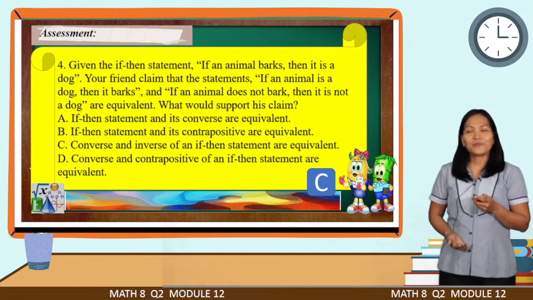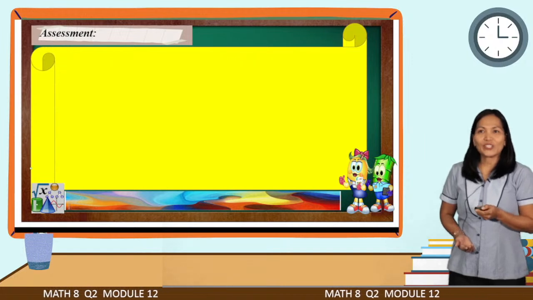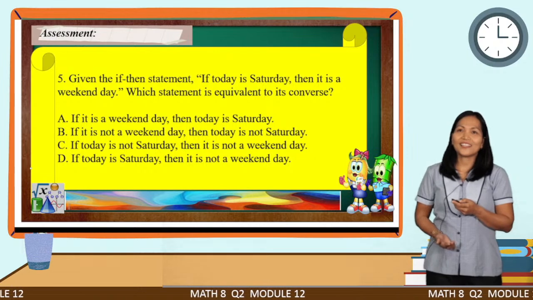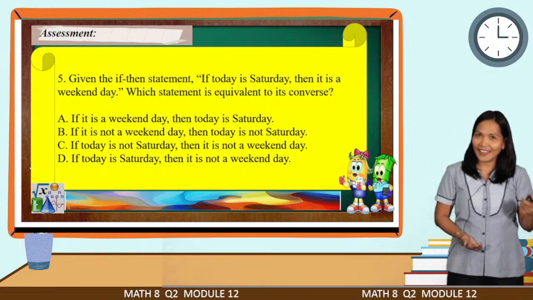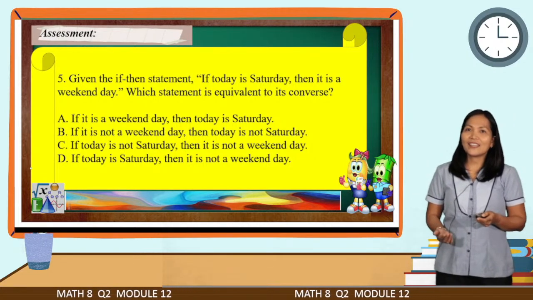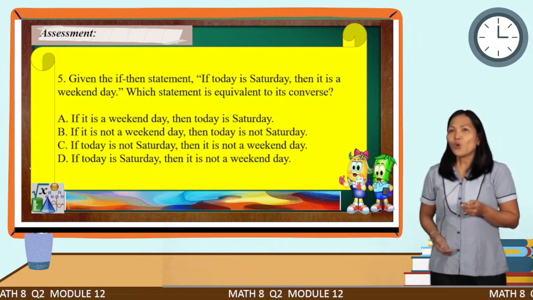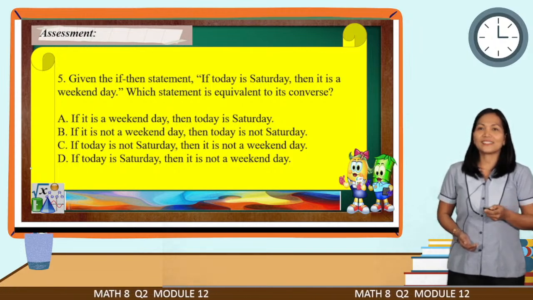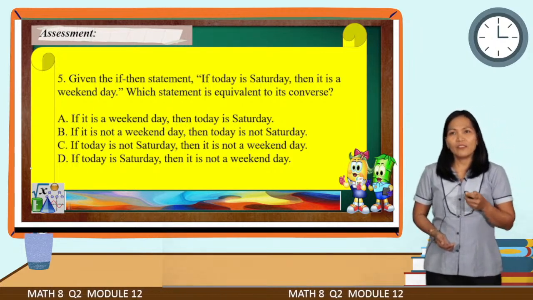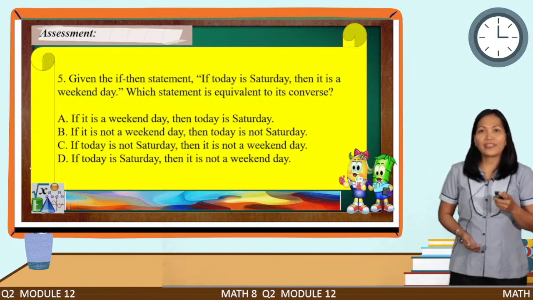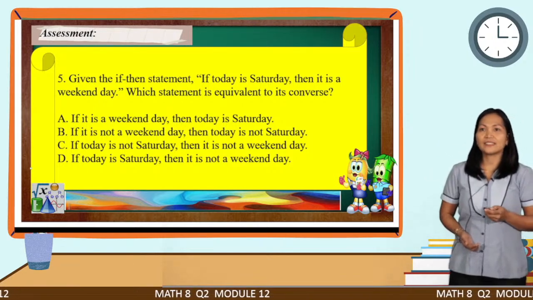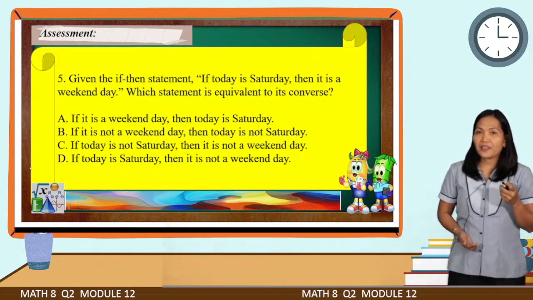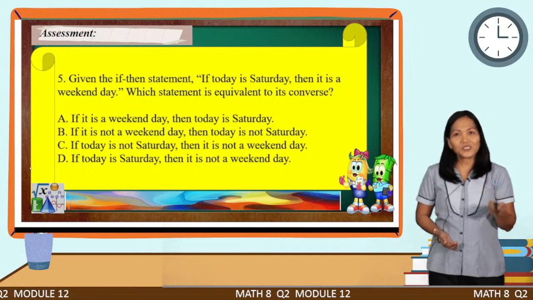And let's have the last question. Given the if-then statement, if today is Saturday, then it is a weekend day. Which statement is equivalent to its converse? A. If it is a weekend day, then today is Saturday. B. If it is not a weekend day, then today is not Saturday.